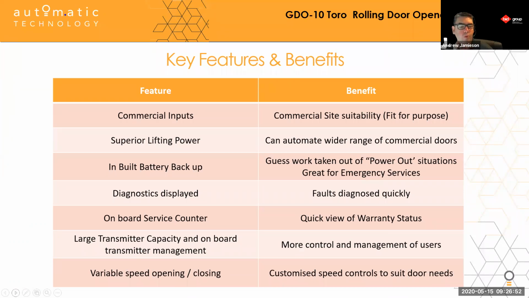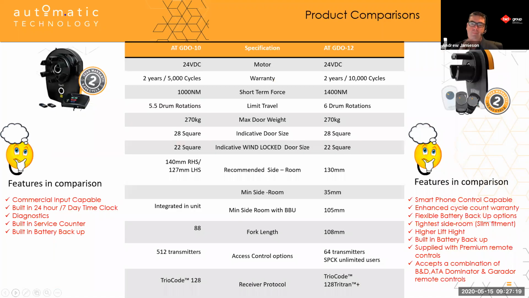As I said, this pack will be available to you as a recorded or a pack, so you can share it with your team to understand. The big differences here are the advent of the logic console, and we break through a couple of key features, i.e. diagnostics being displayed on the unit, the onboard service counter, the large transmitter capacity, all of those things, because the GDO10 has that logic console.